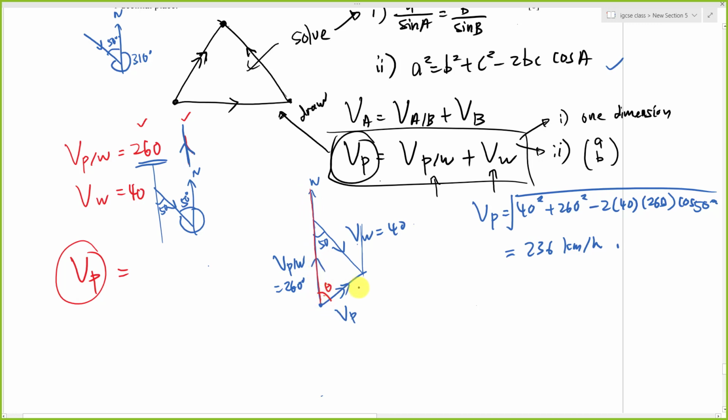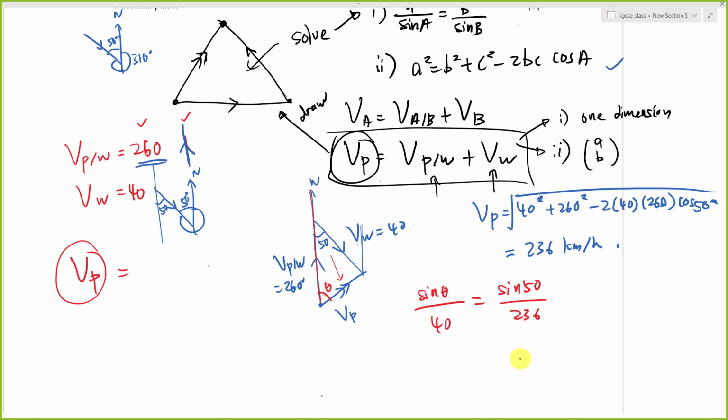If you know this angle, straight away it is the bearing already. So how to know this angle? Normally I will use the sine rule. So sine theta over the opposite length, which is 40, equals sine 50, this is 50 degrees, over the opposite length, which is 236.